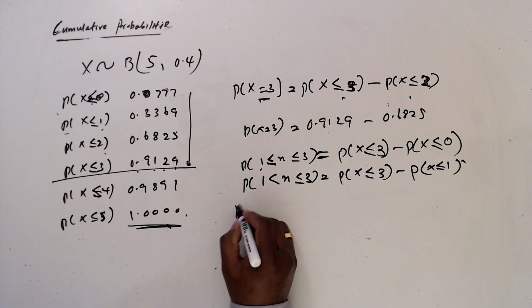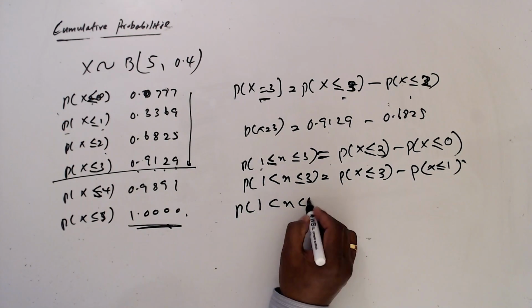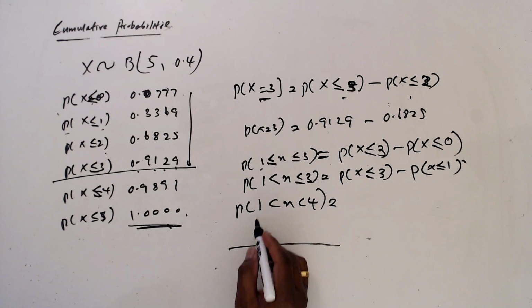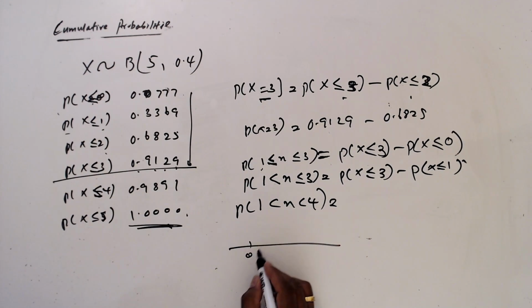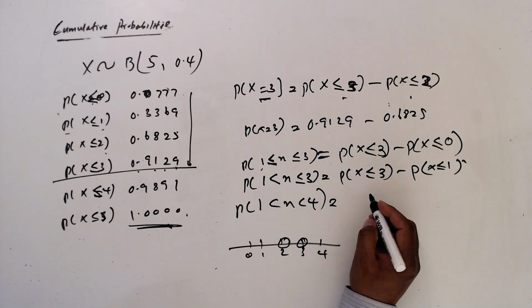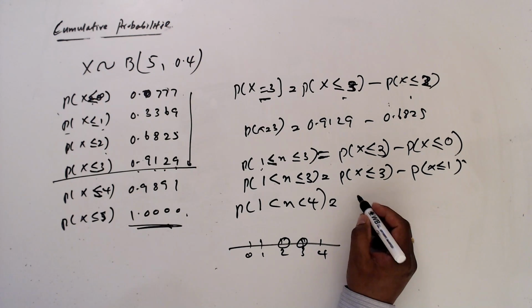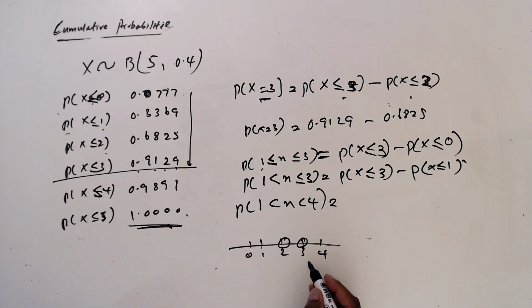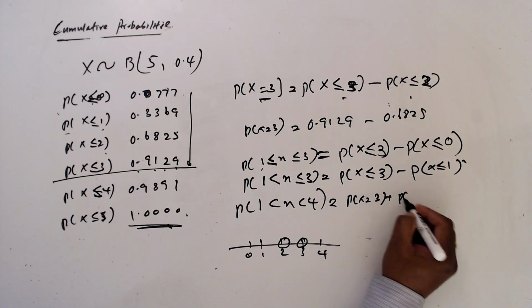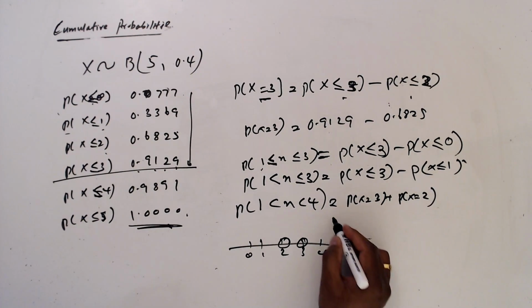How about this one? Probability of 1 less than x less than 4. Look at what is required. No equal, so 0, 1, 2, 3, 4. Then what are the numbers required? 2 and 3. Then this is equal to probability of x equal 3 plus probability of x equal 2.